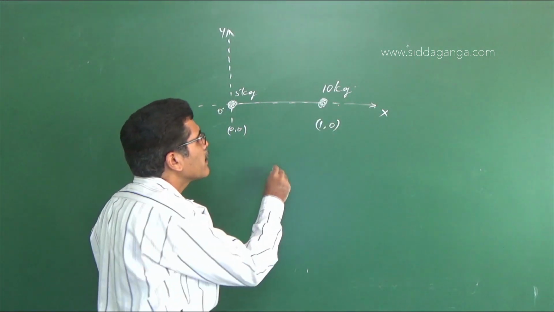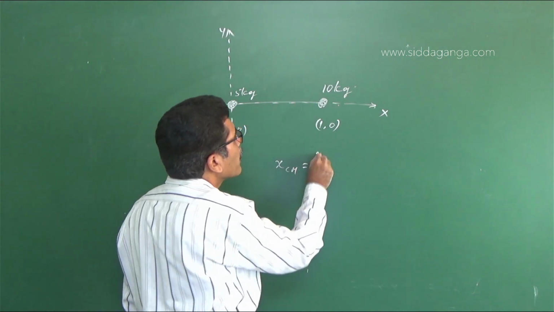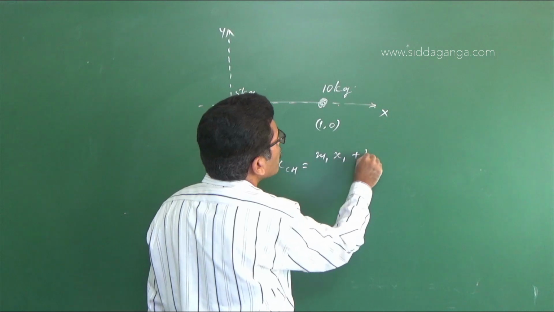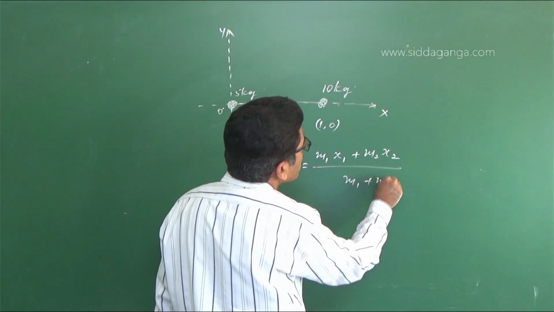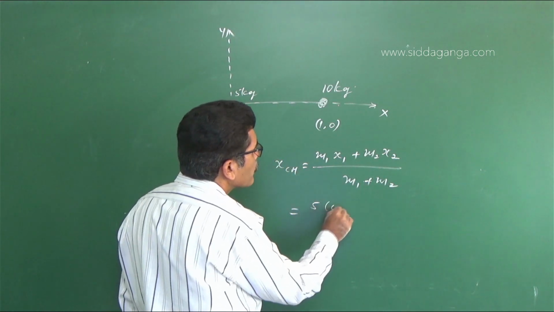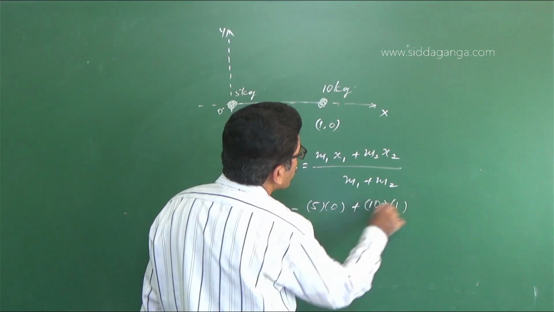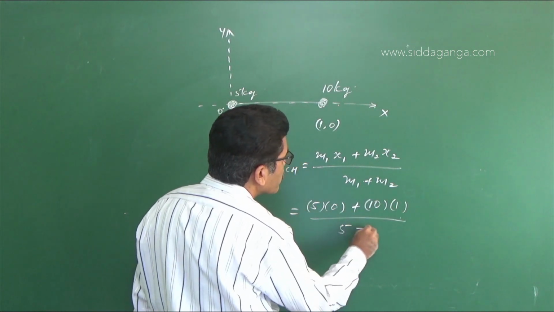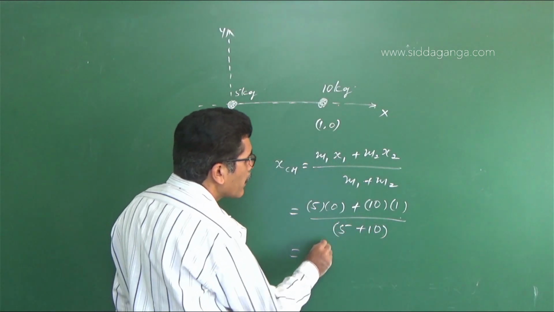So you know that the center of mass lying in between them is given by m1 x1 plus m2 x2 divided by m1 plus m2. m1 is 5, x1 is 0, plus 10 into 1, divided by 5 plus 10. So you are going to get 10 by 15.